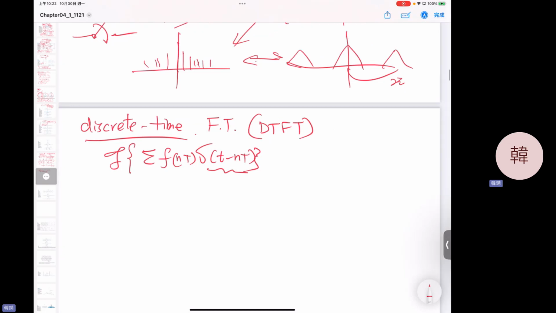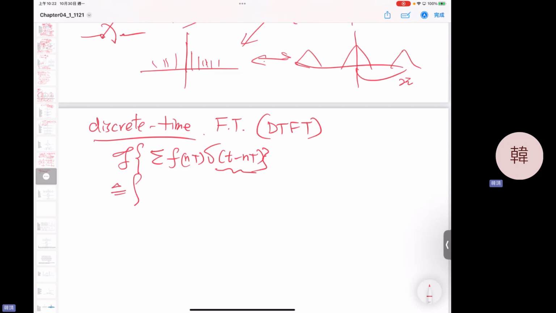It's based on the definition: n from minus infinity to positive infinity for the impulse train. So your signal is sampled like this one. Right? It's the definition of Fourier transform.